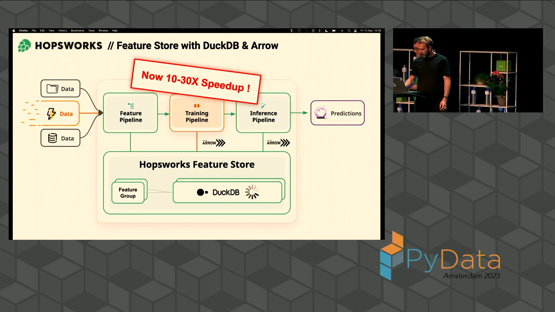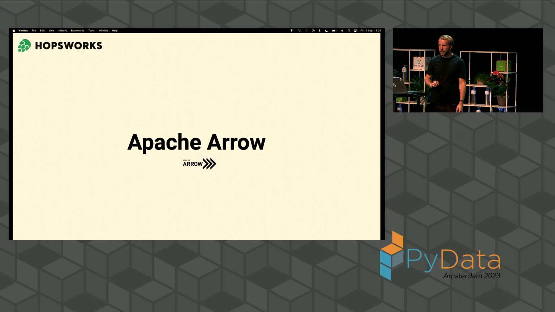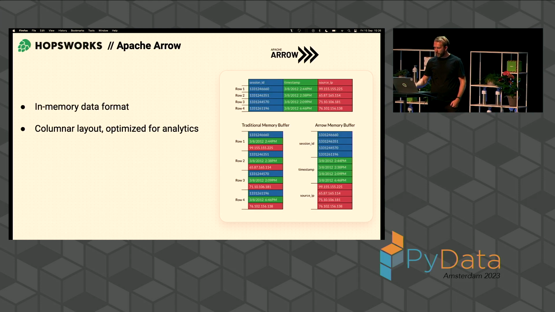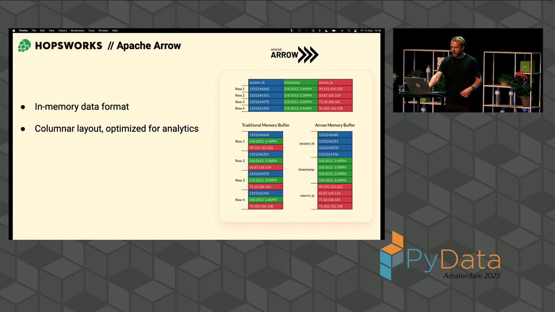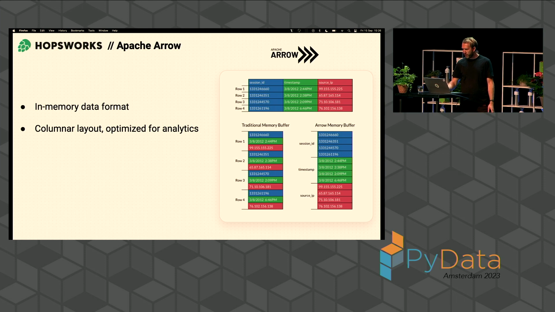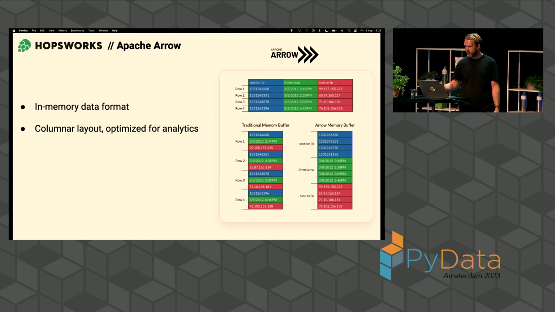All right. Yeah, first I want to talk about Apache Arrow. Apache Arrow is an in-memory data format, and it has a columnar data layout in memory. That makes it very optimized for analytical workloads because data in the same column is close together in memory.